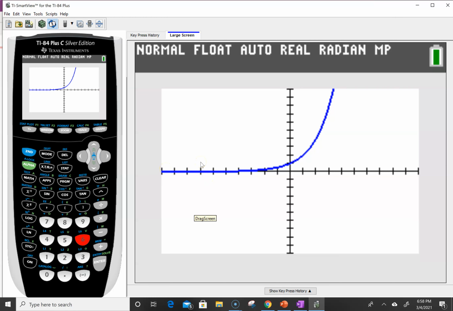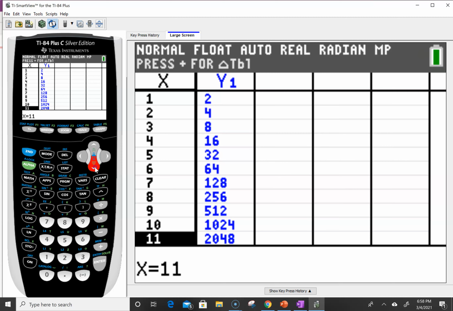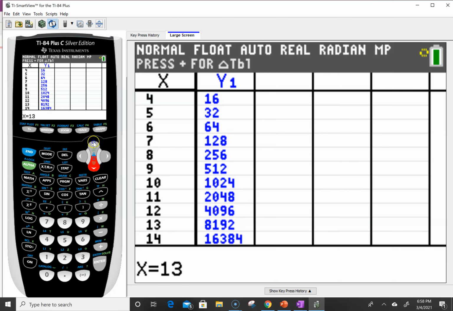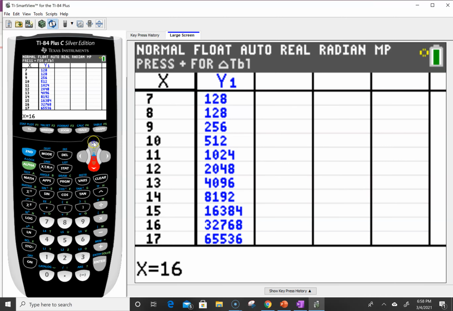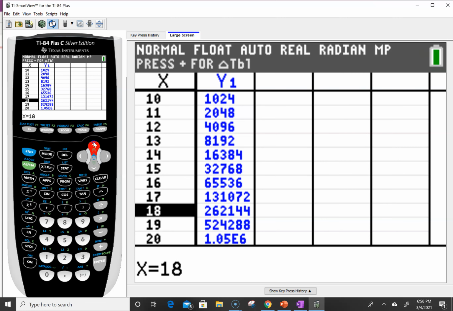Okay, so how do we get actual points without having to calculate them? Well, right above the graph is a feature called table, and if we hit second and then table, it'll give you some values. So you can scroll up and down here and get all sorts of numbers that you want, plug in whatever you want, or you can get some ones that are definitely more reasonable to graph, which are definitely not these numbers.